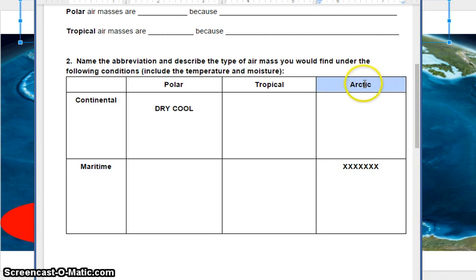Arctic is a very special type of air mass that is super cold, even colder than polar. So we can do that one together. A continental Arctic would be dry and very cold. Okay? You should fill in the rest now. Pause the screencast and do that.